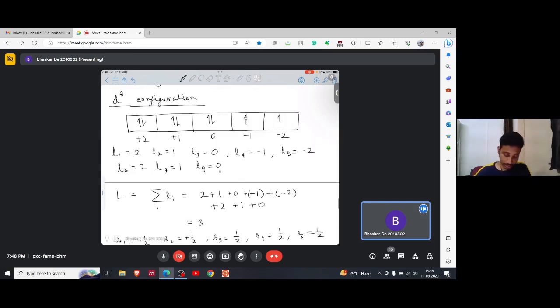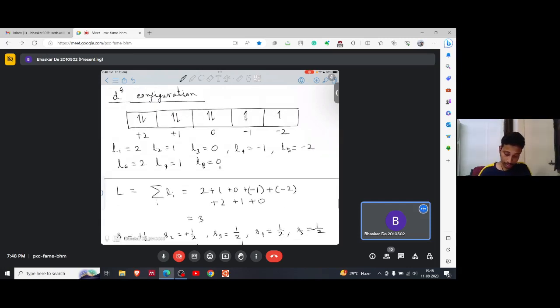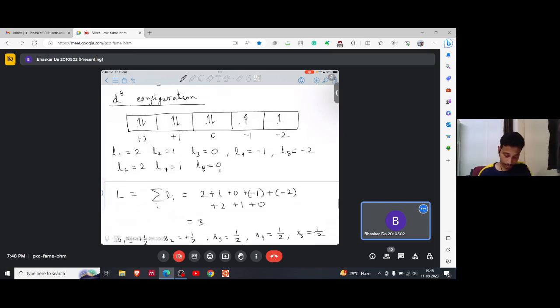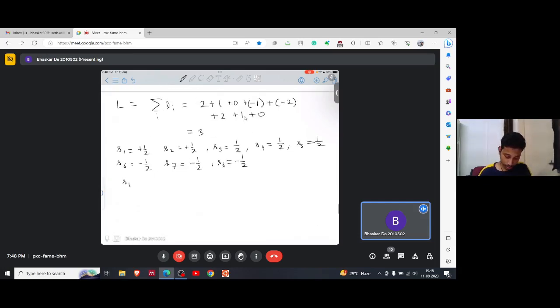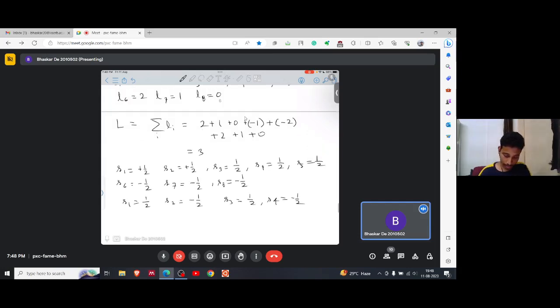I am basically writing one electron after another. But you can also write S1 equal to plus half, S2 equal to minus half, then S3 equal to plus half, and then S4 equal to minus half. It doesn't matter.